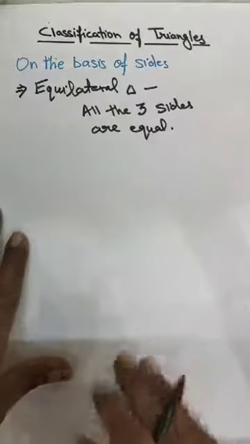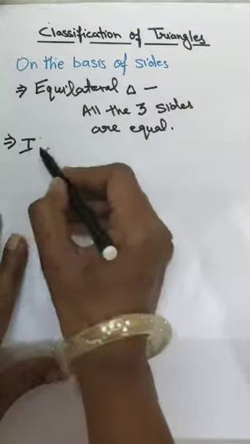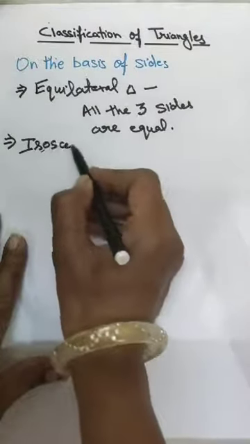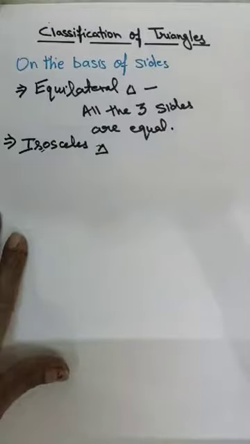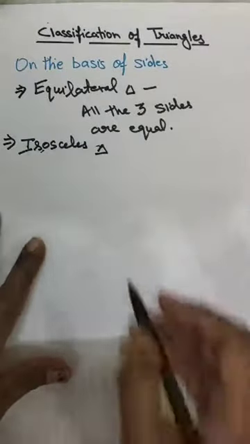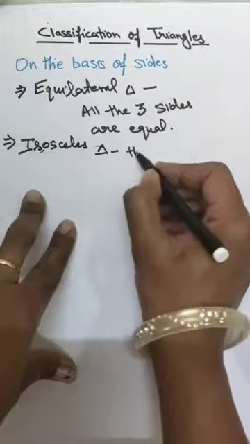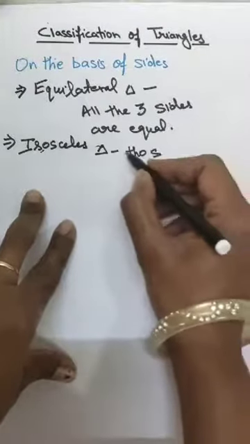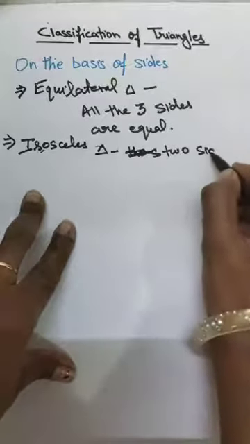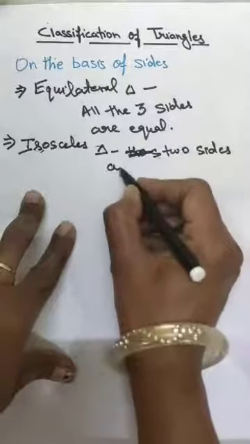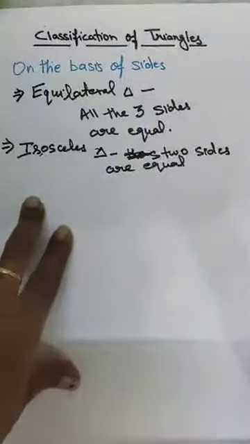Next is the triangle whose two sides are equal. That triangle is known as isosceles triangle. Isosceles triangle is a triangle whose two sides are equal.